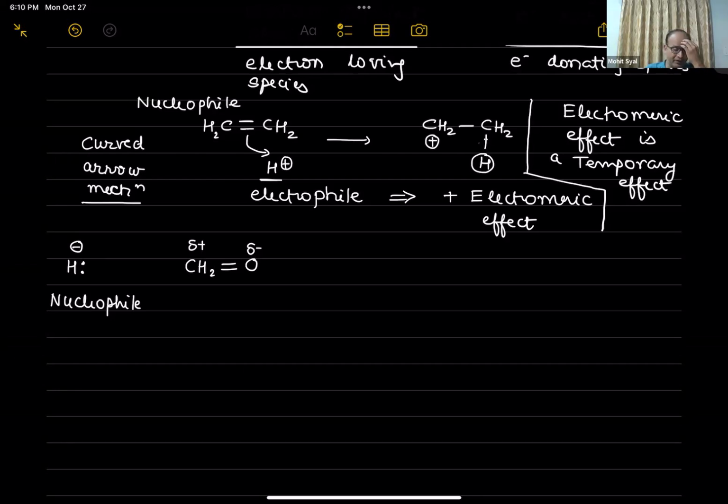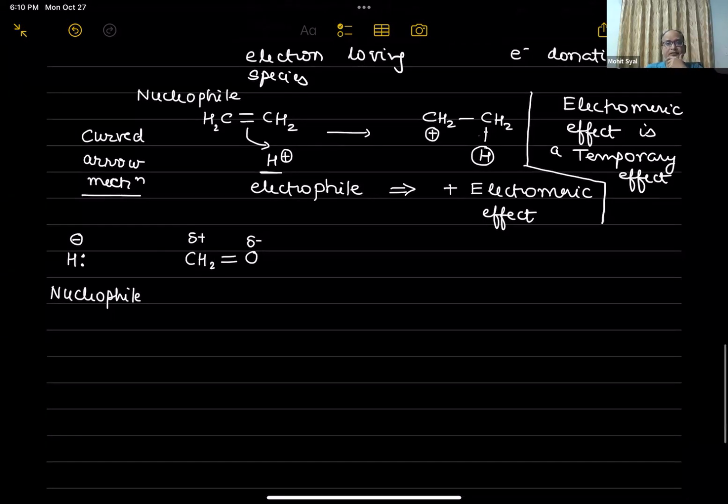Is it the oxygen or the carbon end? The carbon. Why? Because oxygen is partially negative, so carbon is partially positive, and H minus will get attracted to it. I will put the arrow.